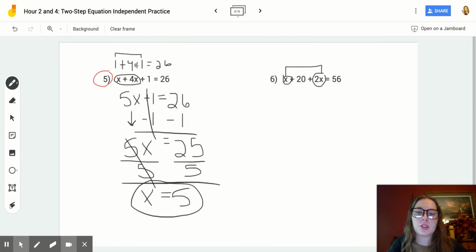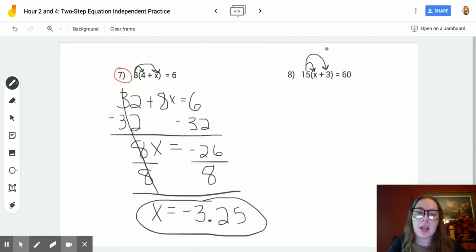And then when we get to question 5 and 6, we are adding like terms first, and then we're getting into that two-step process. So undoing adding or subtracting, and then undoing multiplication or division. And then lastly, 7 and 8, we are doing another multi-step question, but instead of combining like terms, we are distributing this time.